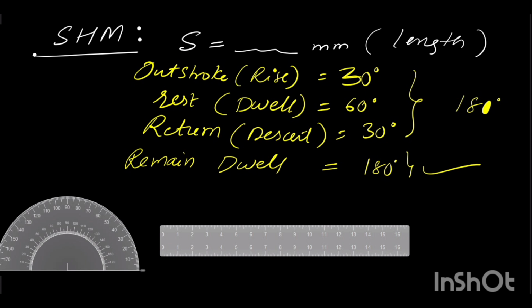So first we will learn how to draw the displacement diagram only for SHM. First you have to make one vertical axis and one horizontal axis to draw the displacement diagram.